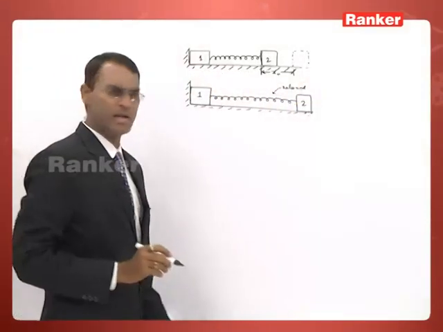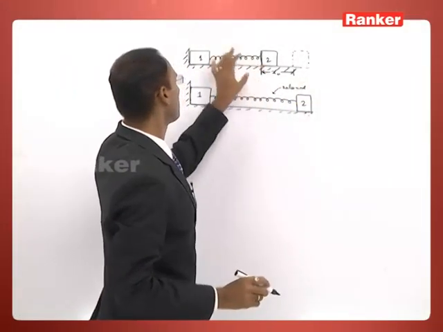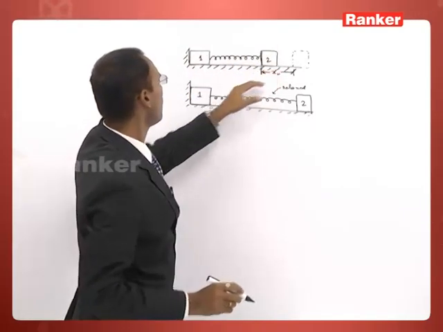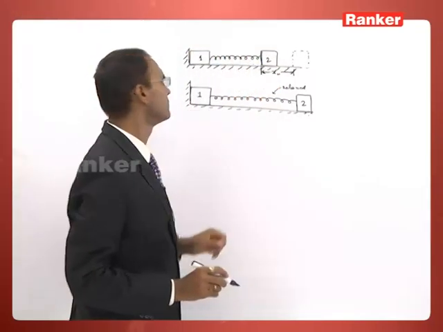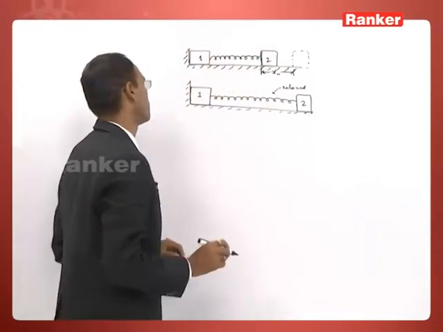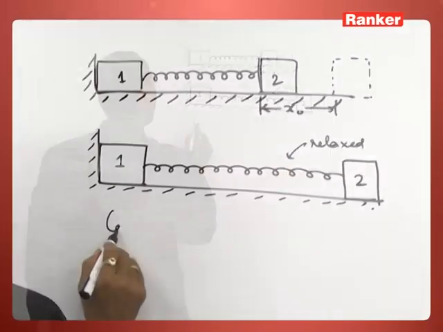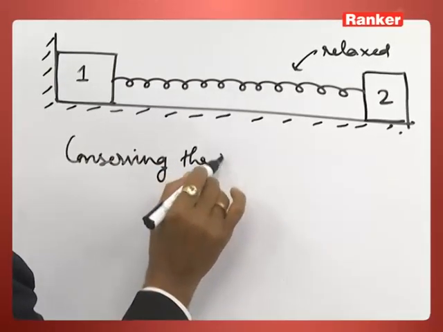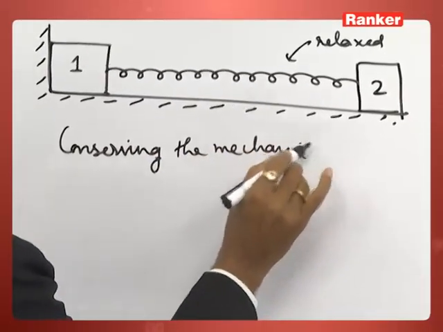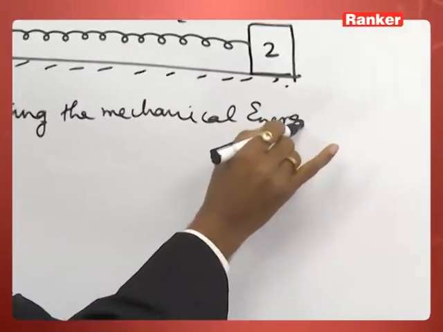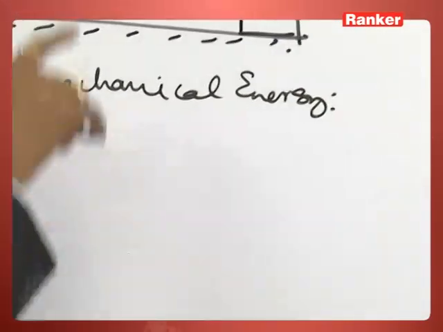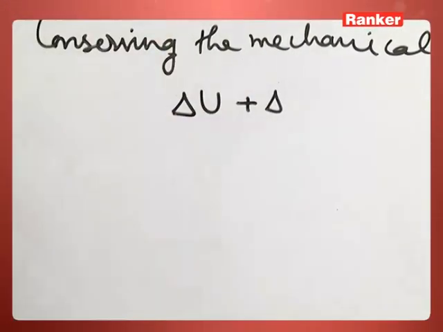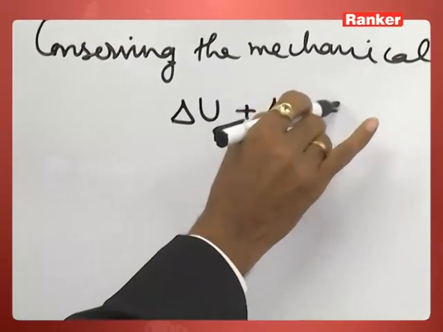Even though we cannot conserve the linear momentum of the system from this position to this position, still we can conserve the total mechanical energy of the system between these two positions. Conserving the mechanical energy, we get del U plus del K is equal to 0.